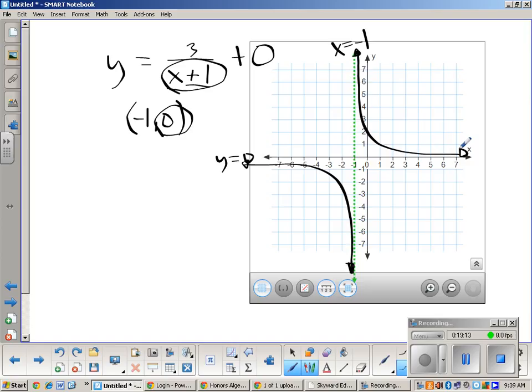Now, let me add one little tidbit. This distance from here to there, and this distance from here to there, should be exactly the same. Now, I'm not asking you to make sure they're exactly the same. Just try to make them close to the same.